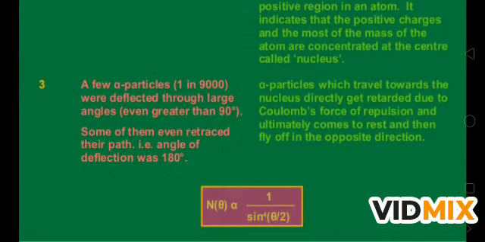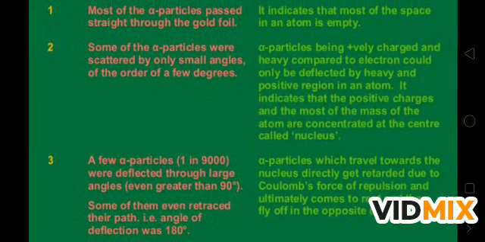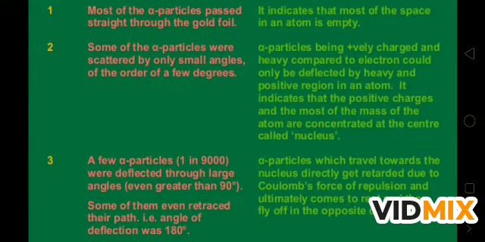So these are the observations and conclusions we had discussed in the previous videos in the chapter atom. I'm just revising, giving you the feel of that chapter, because the nucleus is also connected with the experiment done by Rutherford and many scientists. That's why I am discussing it here.